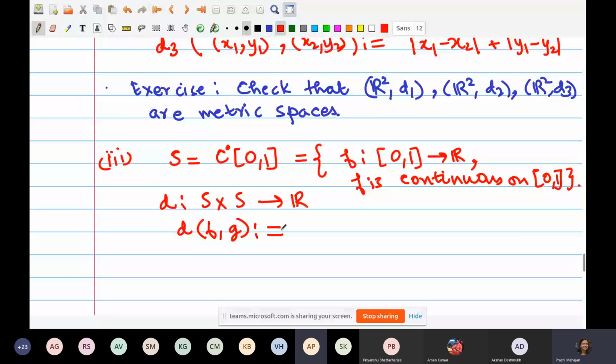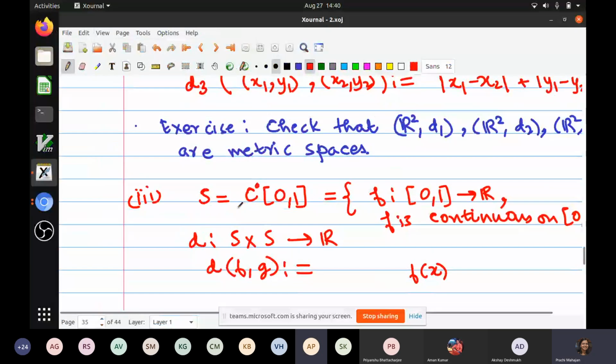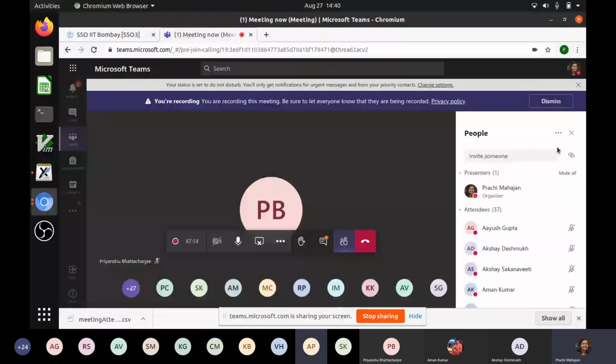There are many ways to go about it. Each f is a function here. So let's consider f of x, for x in the interval 0, 1.